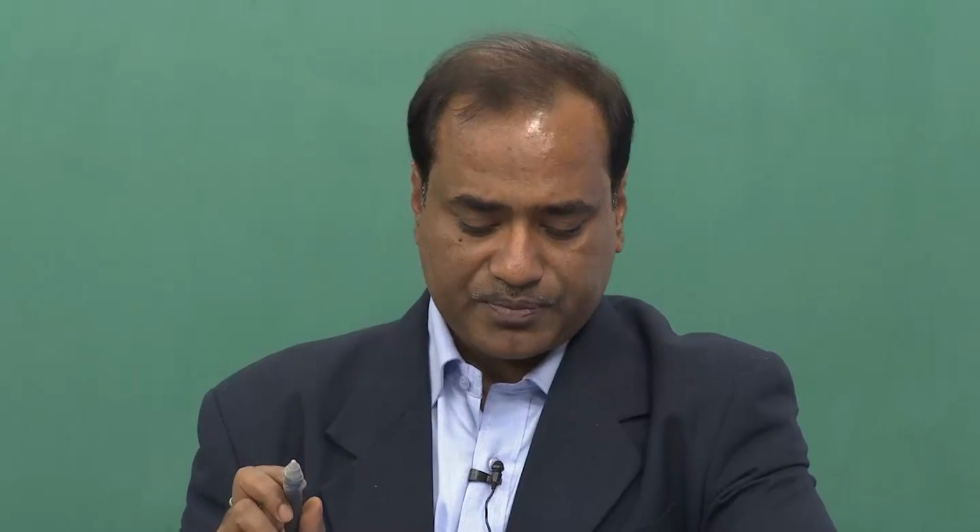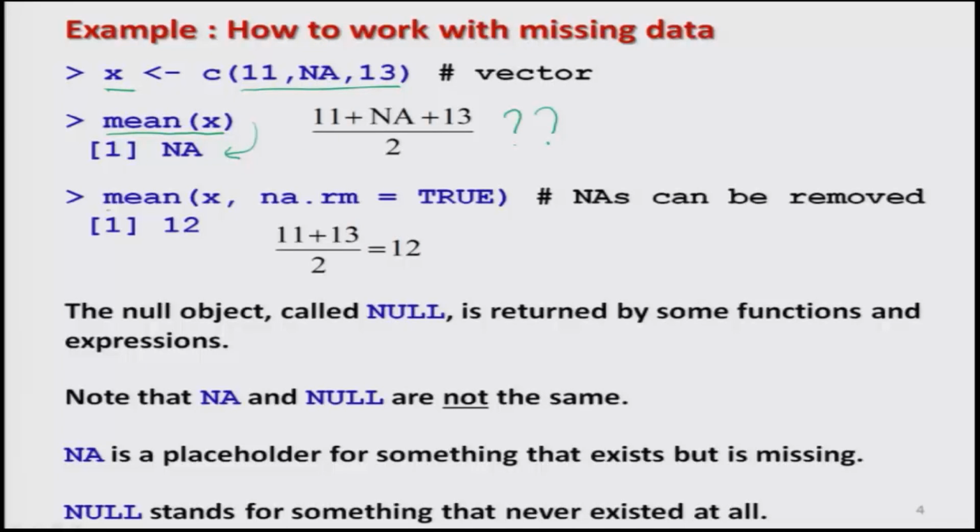There is a command: when I try to find the mean, I should write the mean of the vector in which all the values are contained, and then write na.rm. NA means not available and RM means remove, and I am saying that na.rm is equal to TRUE.